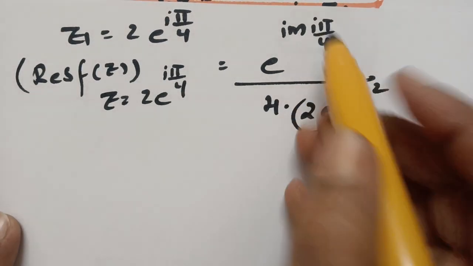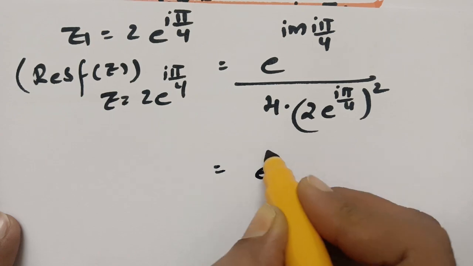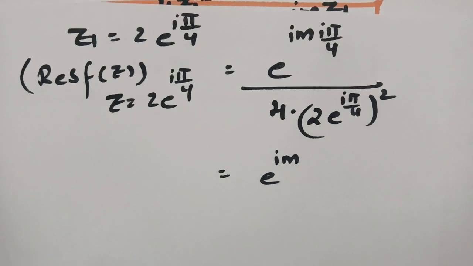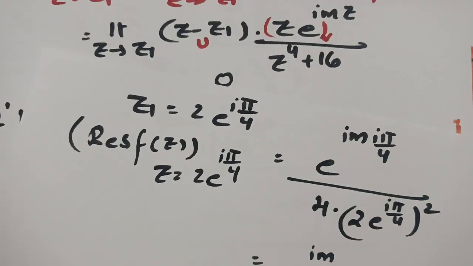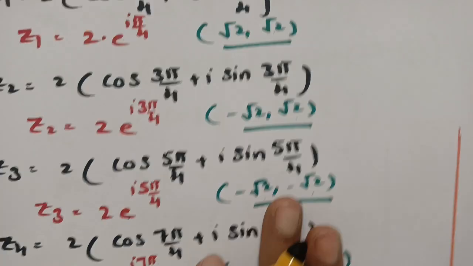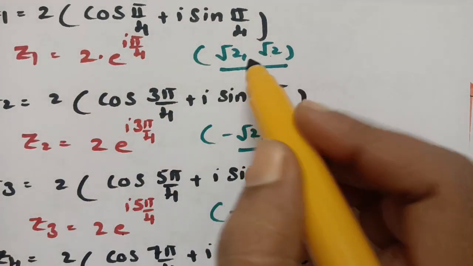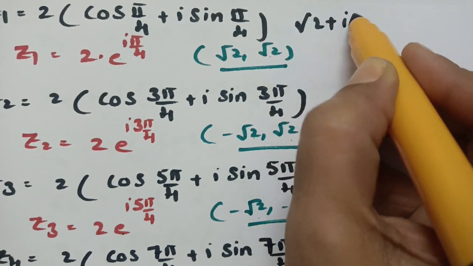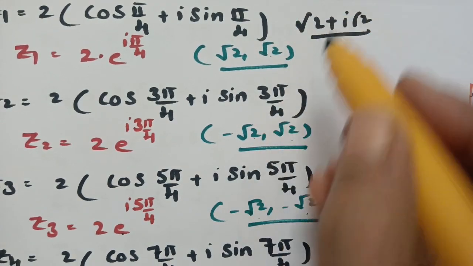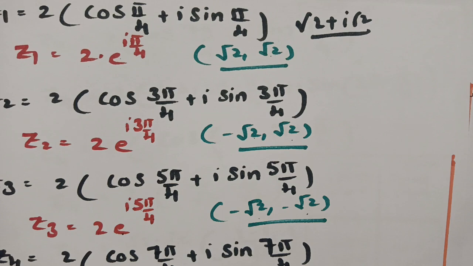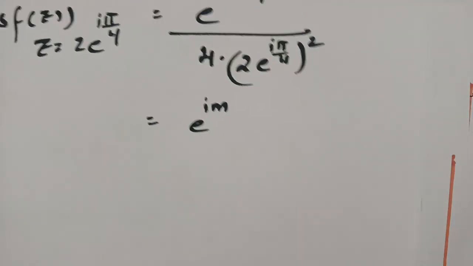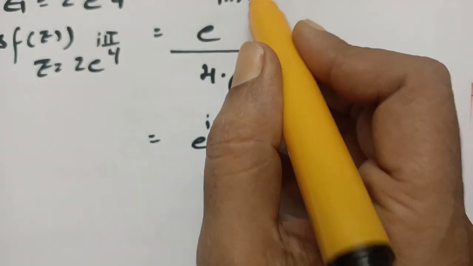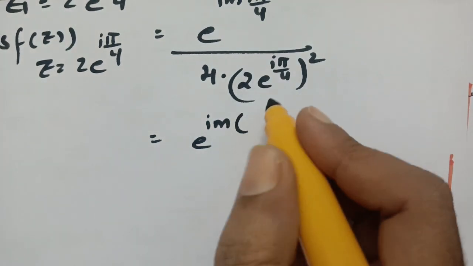So for this, what is the value here? Just now I found, this can be written as root 2 plus i root 2. So after calculating, I got this as root 2 plus i into root 2. So e^(i pi by 4) can be written as z1.